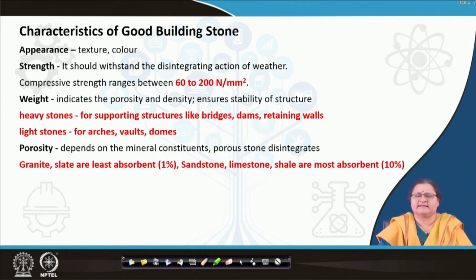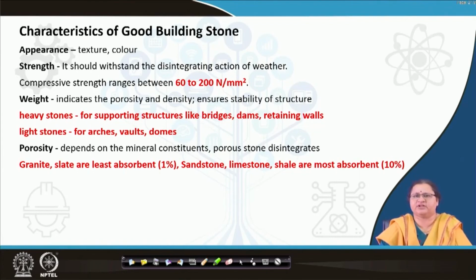Now, instead of moving to how many types of stones are there, let us now move into what are the characteristics of good building stone. As you understood, stones can be used as a building block similar to that of brick. So, it must have enough strength. Let us see what is the strength and appearance. As you all know, the first point is texture and color.